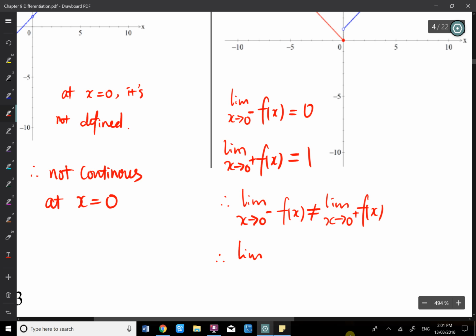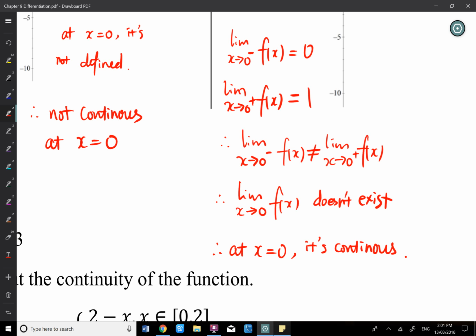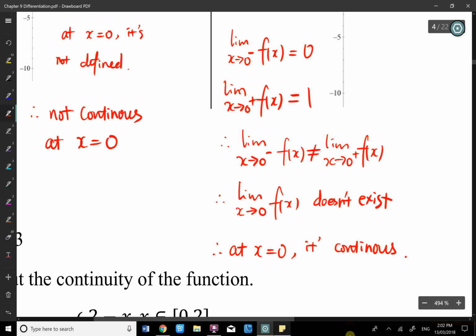So the limit as x approaches 0 of f(x) does not exist. So at x equals 0 it is not continuous.